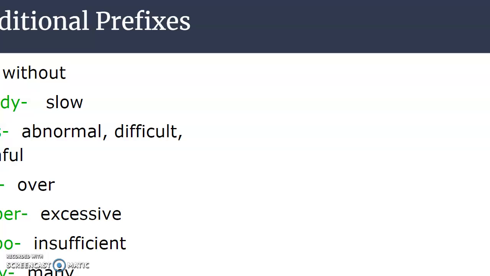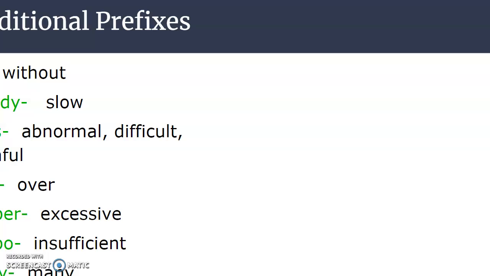Some prefixes that you have already been familiar with: A, without, or none, not, or without. Brady, slow, bradycardia, but we're going to hear bradykinesia. Dis, abnormal, difficult, painful. Remember I told you got to remember this one.